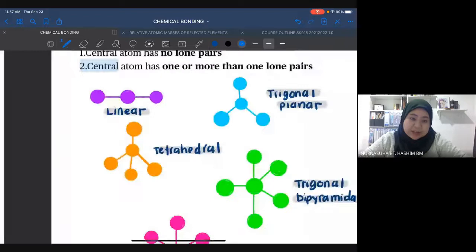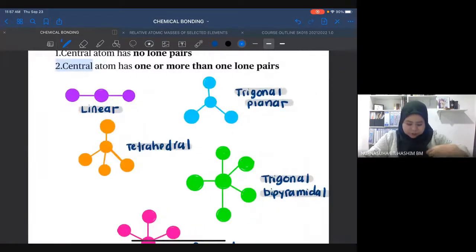Kita tengok linear. Okay, to form linear, dalam compound tu mesti ada at least 3 atom. So this is your central atom. Madam letak A sebagai central atom, and kamu ada 2 surrounding atom.